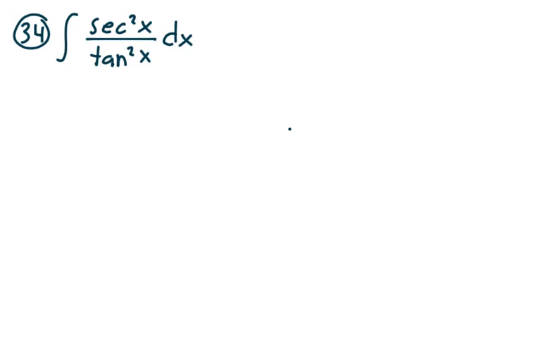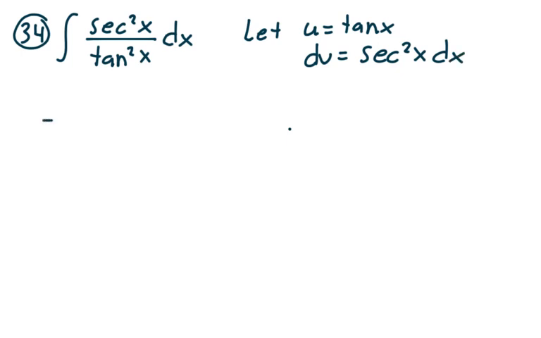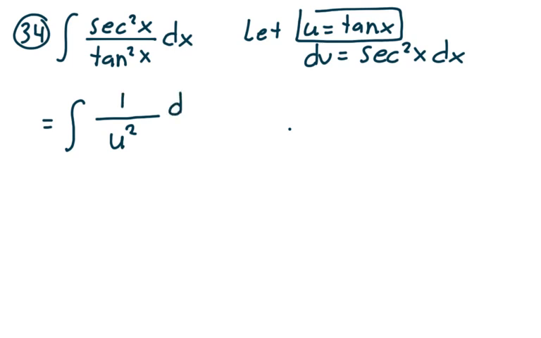There's lots of ways to go in this problem, but I think the path of least resistance here is to let u equal tangent x. du is secant squared x dx. And so this integral becomes, now I'm going to replace u with tangent x. So I get u squared on the bottom. And then I get 1 on top, and then I'm evaluating that integrand with respect to u.